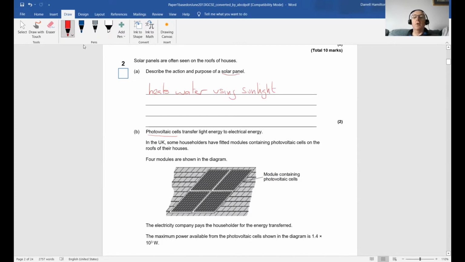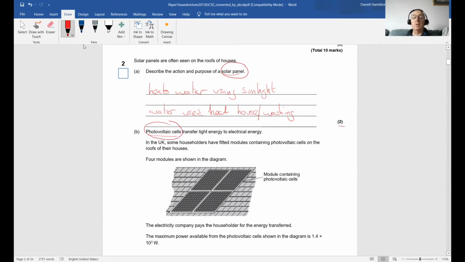So there's one of our 2 marks. And that water is used to heat the house, maybe, the building, or for washing self or things. So you need to draw a distinction between solar panel and photovoltaic panels.